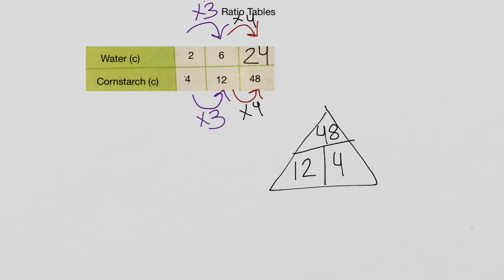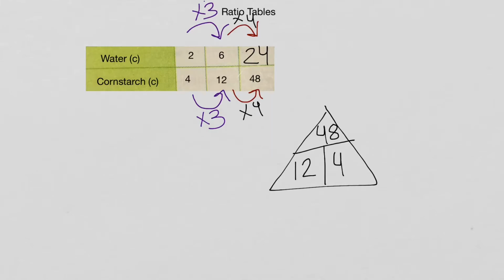Another strategy is to look for vertical patterns in my ratio table. To get from 2 to 4, I multiply by 2. To get from 4 to 2, I divide by 2.